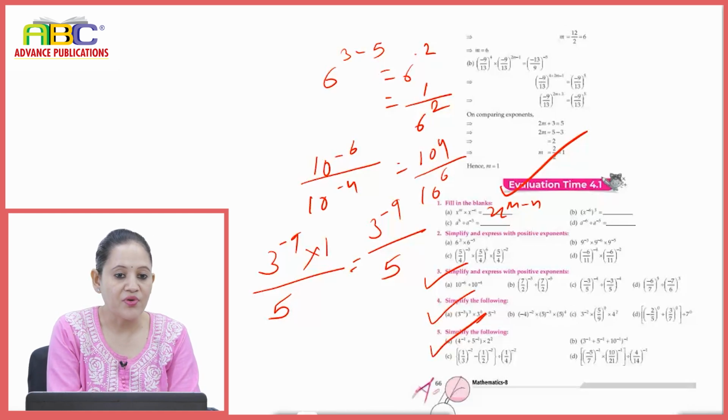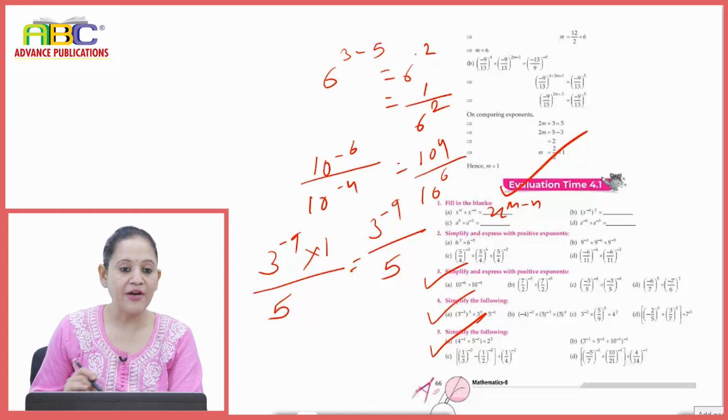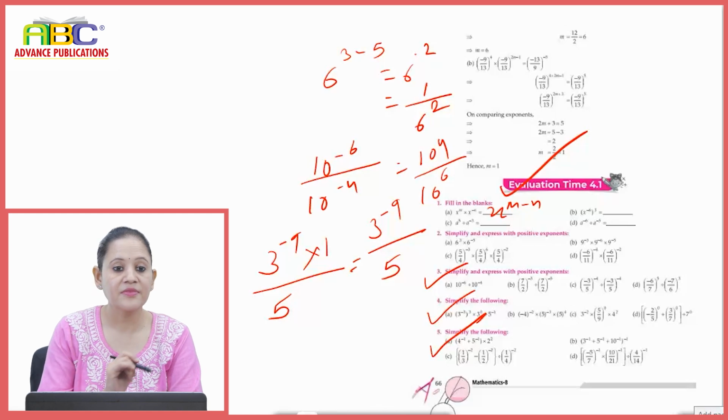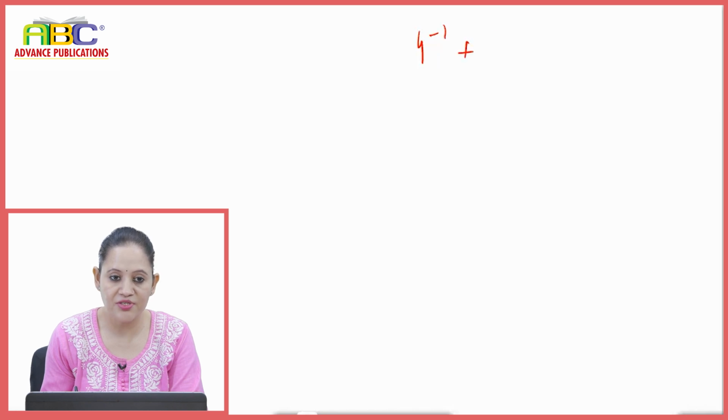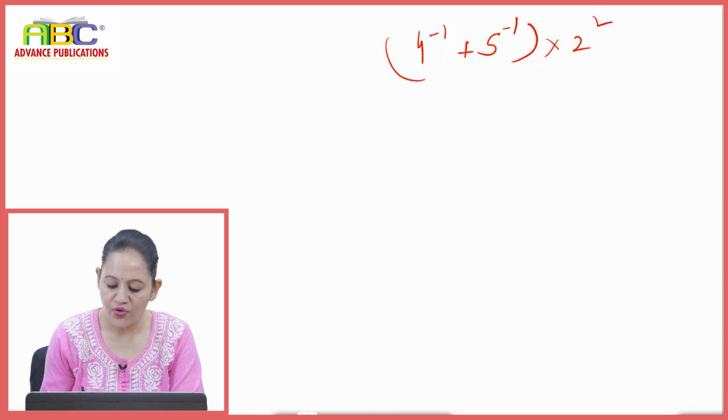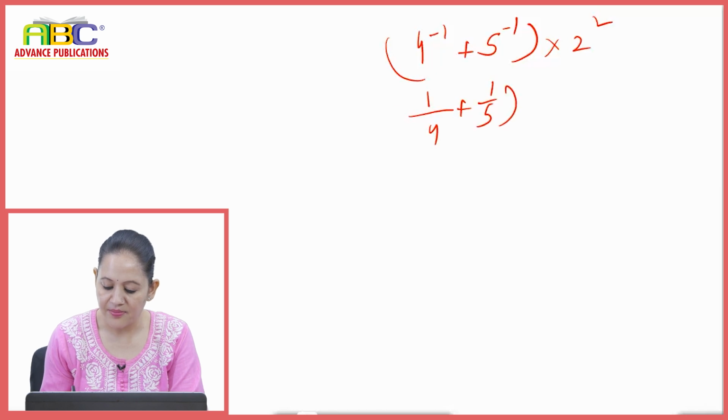4 to the power -1 plus 5 to the power -1, into 2 to the power 2. So, we have to simplify it. We will write it as 1/4 plus 1/5, multiplied by 2 to the power 2.